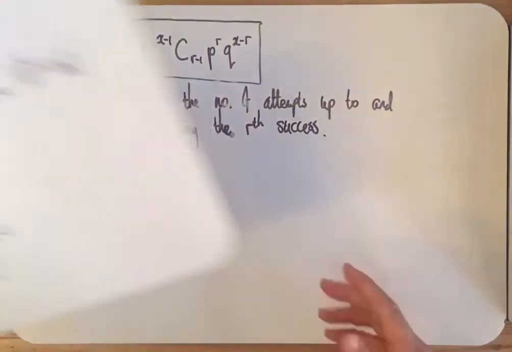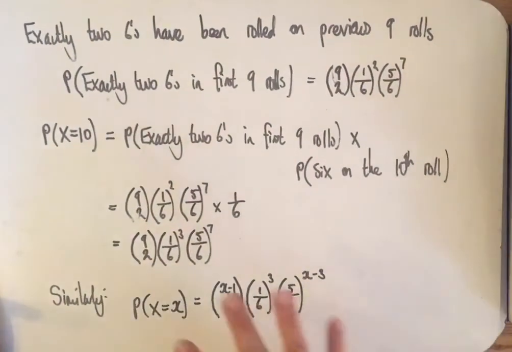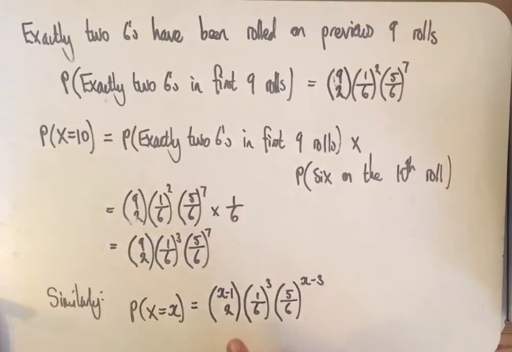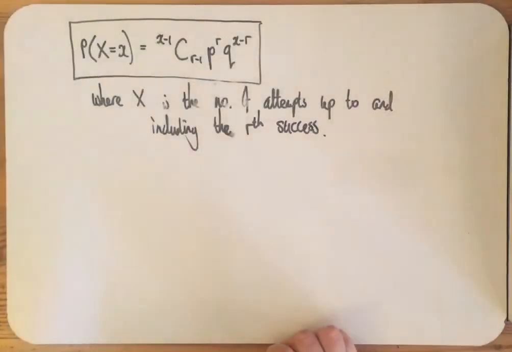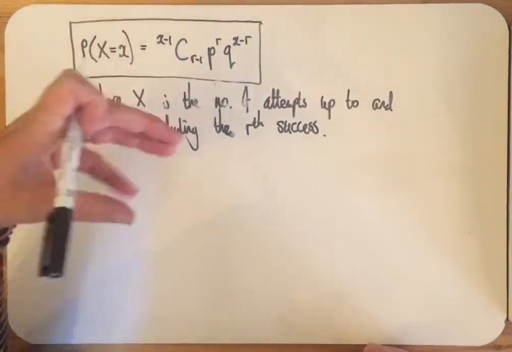So that is just an expansion of this one here. I've just replaced that 2 there with r minus 1 and the 3 with r. So that's in the formula book, so you can just rote learn it if you want to.